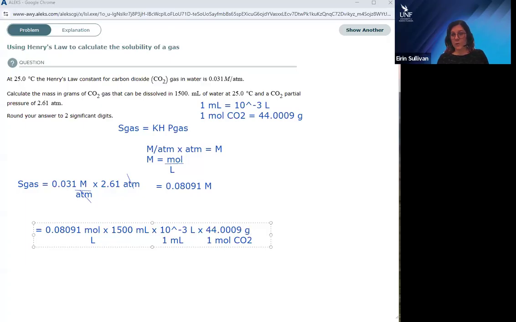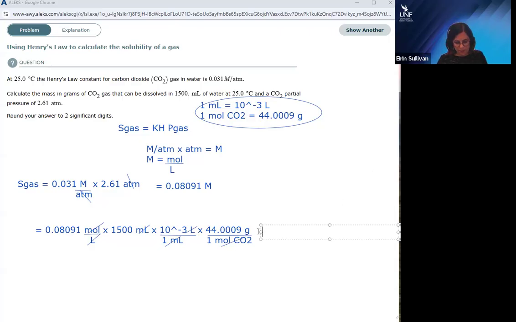So I've just taken that equivalency that I have up here, put it as this equals that, and then you can turn it into a unit conversion, like this one here, and then this one, okay? So now we can see in our unit conversion for our solubility of our gas, we've converted from moles per liter into just moles, and then from moles into mass in grams.